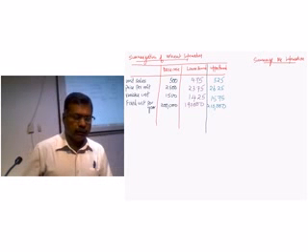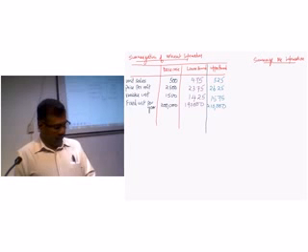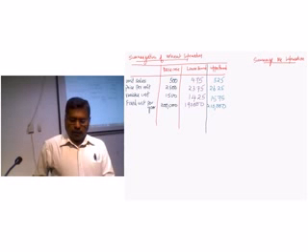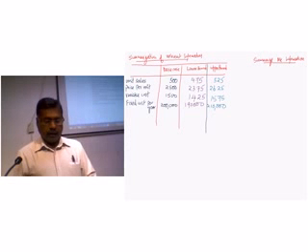Then 1500, 5% of 1500 is 75, 1500 plus 75, 1575. Next one: 5% is 10,000, then 210,000.